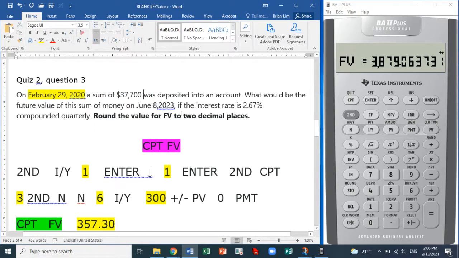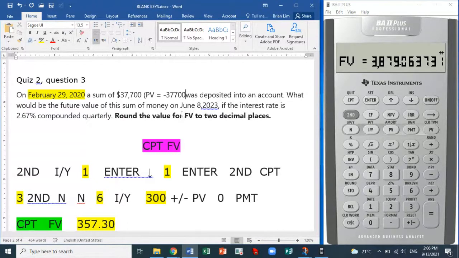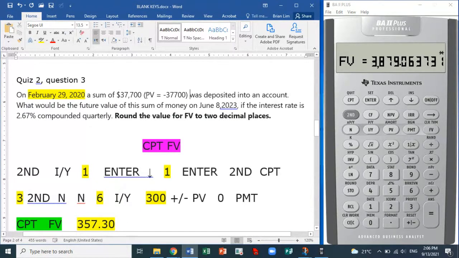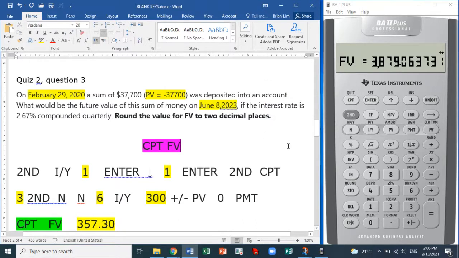Now, this amount was deposited, so that is indeed the present value, and we could put it in as negative 37700 was deposited into an account. What would be the future value of this sum of money on June the 8th, 2023? All right, so there we are, 2023.